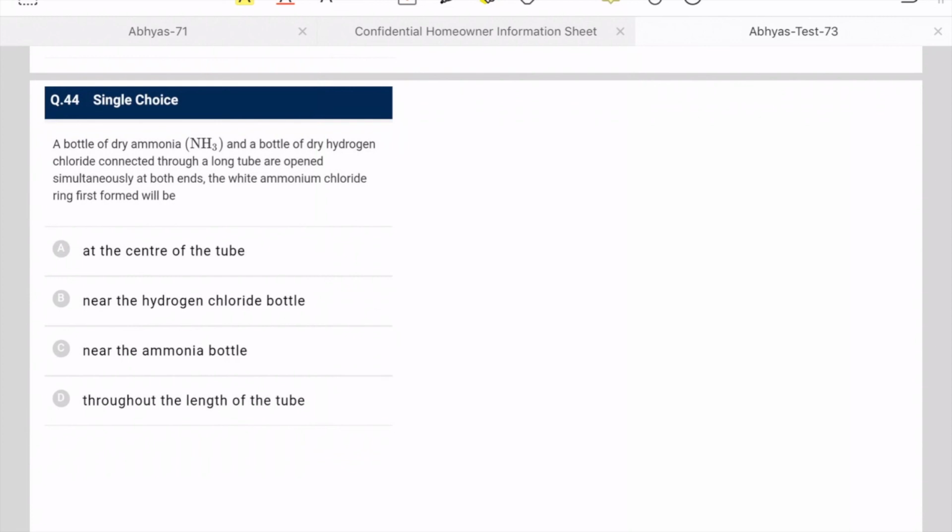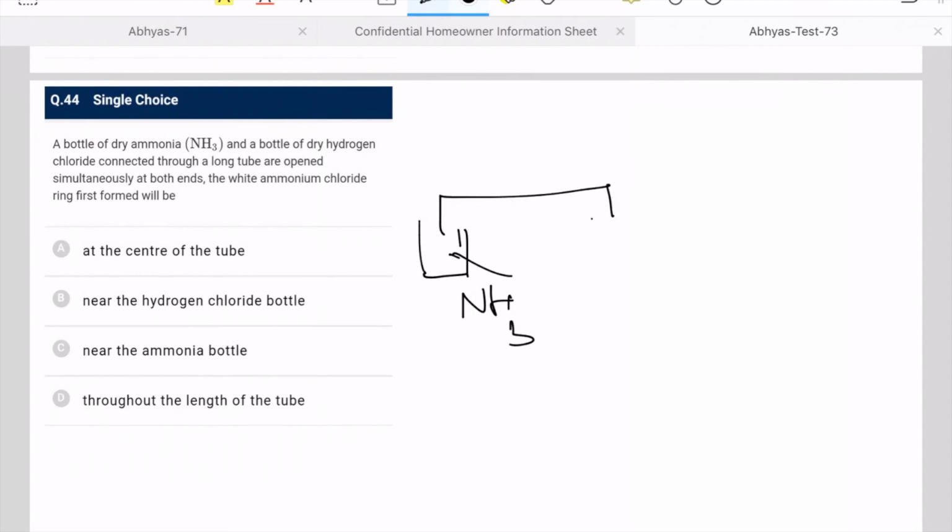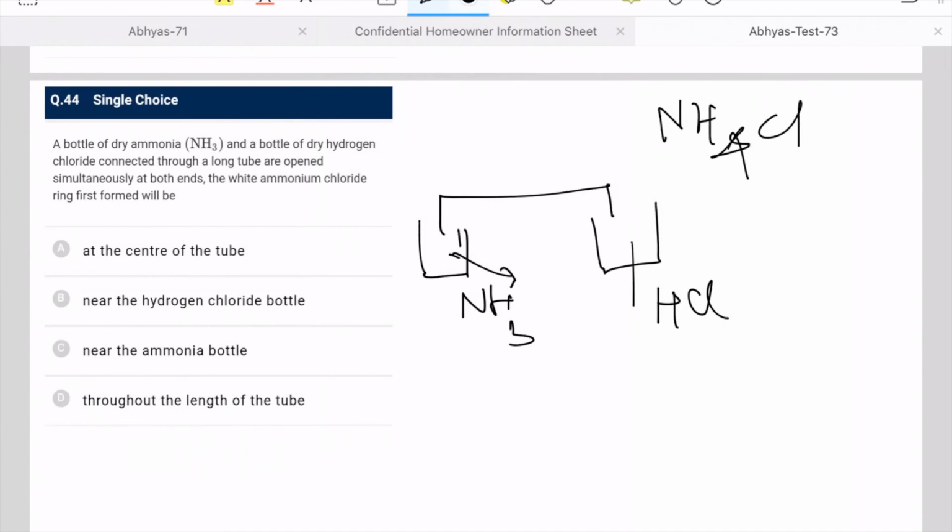So here we can take NH3, and the HCl bottle is connected. So both will be forming white fumes because of NH4Cl, white fumes will be forming.